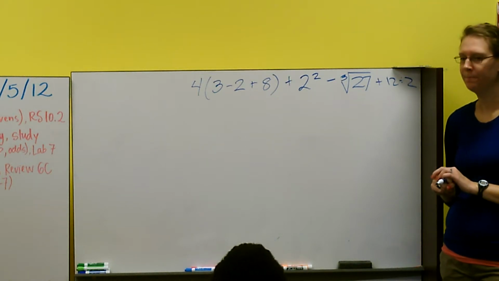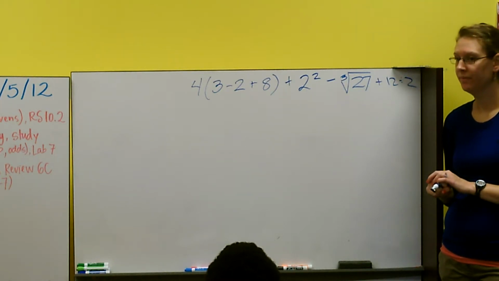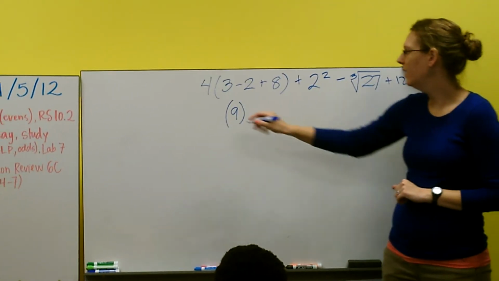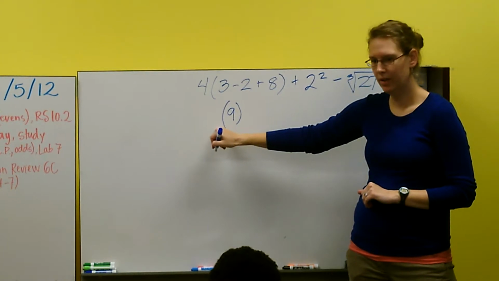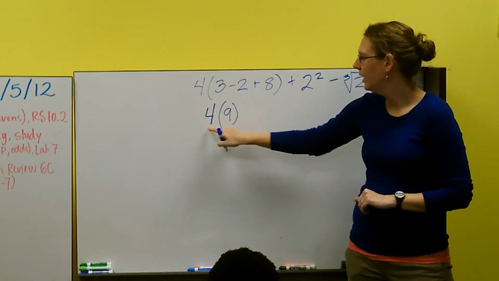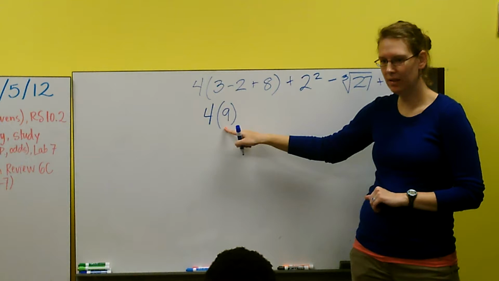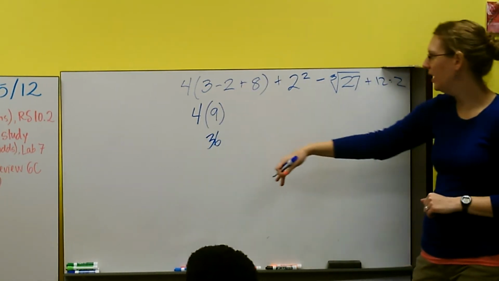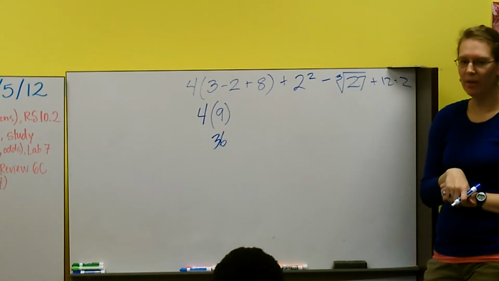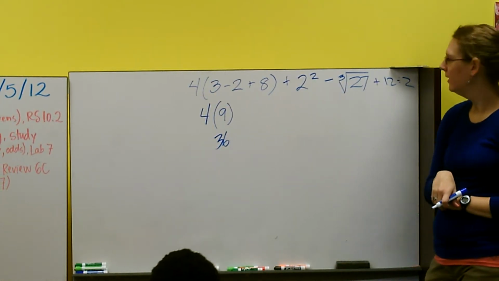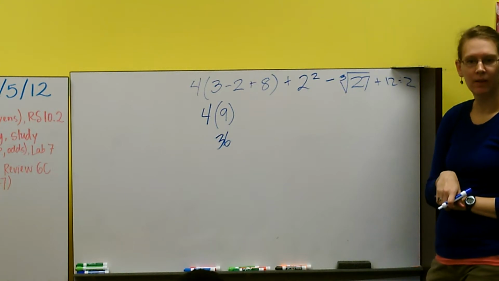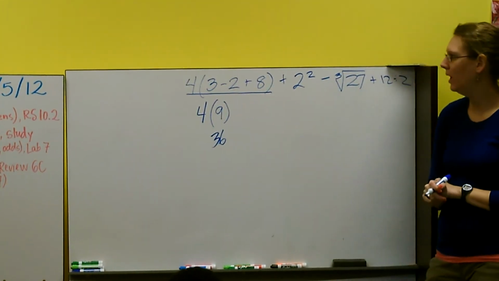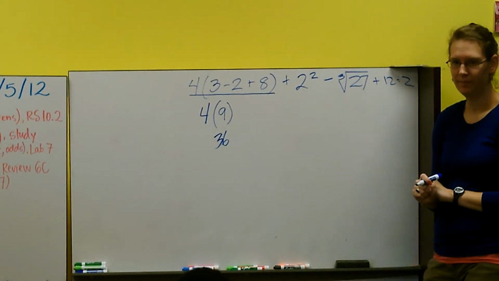Okay, which is what? 9. Alright, so Damon took care of our parentheses. You can leave it at 9. What happens with this 4, Damon? It goes right next to it, right? When it's sandwiched up next to it, you remember what it means? We're going to multiply. So he's going to do the 36. So he took care of that little part for me. Alright, Portia, what do you want to do next? He's taking care of plus 2. Hold up. Give me what?